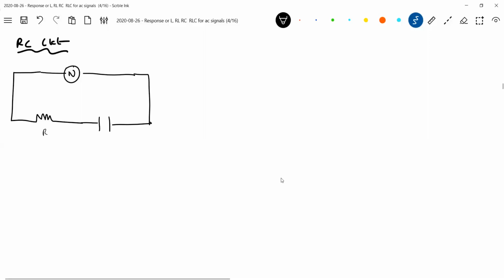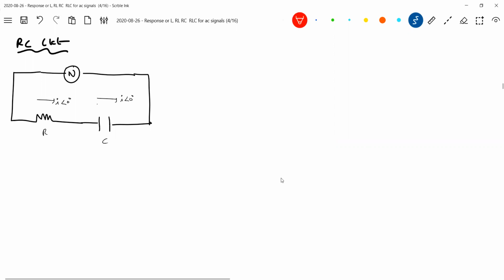This is a resistor, this is a capacitor. Let's assume across the capacitor, current should lead the voltage, no? So let's assume that current has zero phase. The same current, I'm writing angle zero, the phase angle.